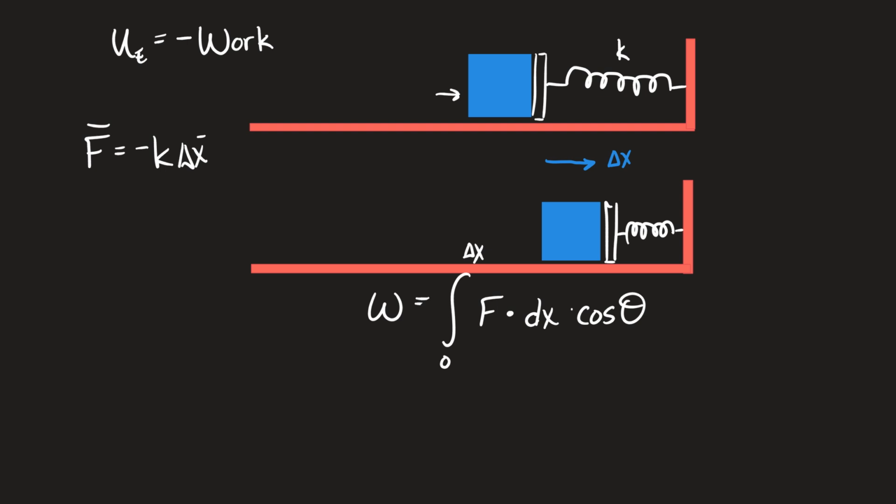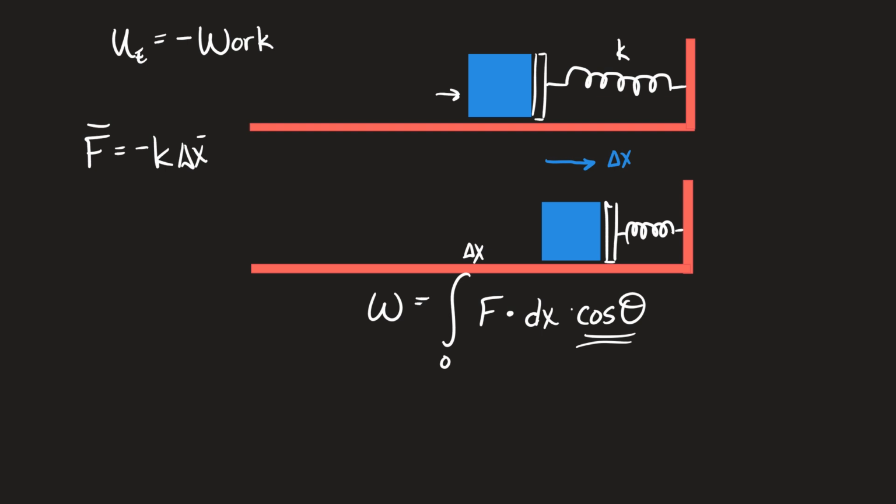The first thing I'm going to do is recognize that I'm not talking about the force that I apply. I'm talking about the force the spring applies. So we're looking at a cosine of 180 already, right? The spring is pushing to the left, but the force from the spring is to the left, but we're displacing it to the right. Does that make sense?